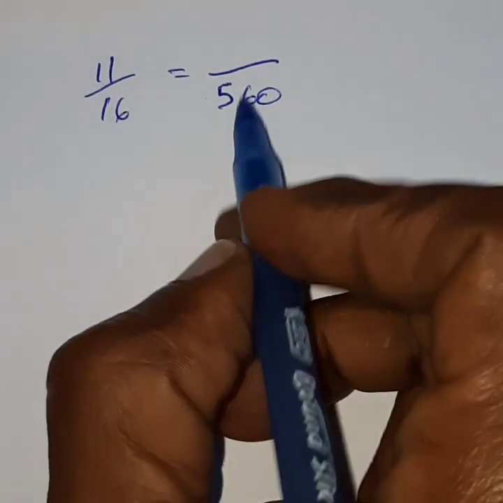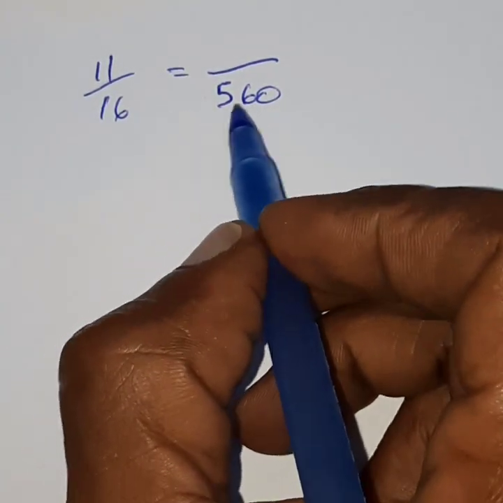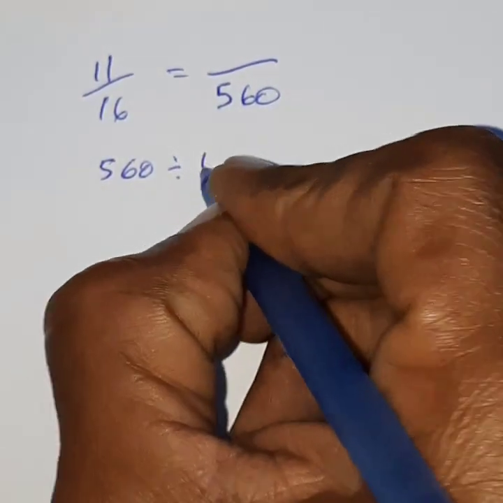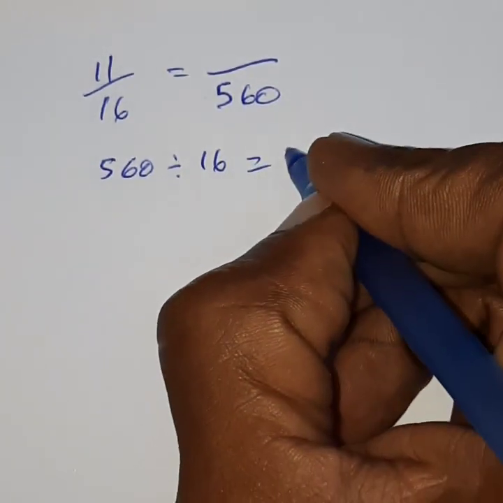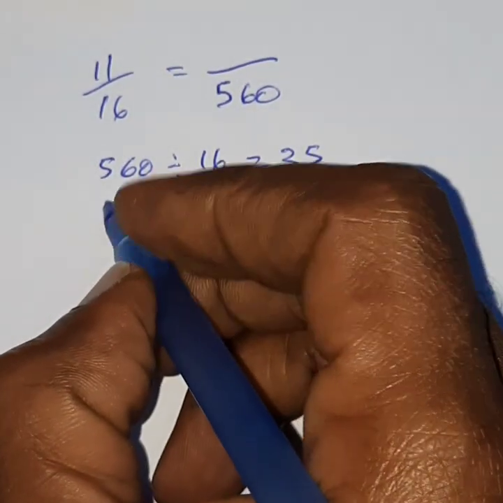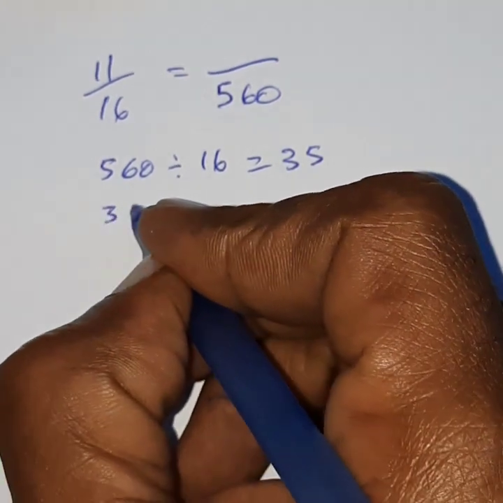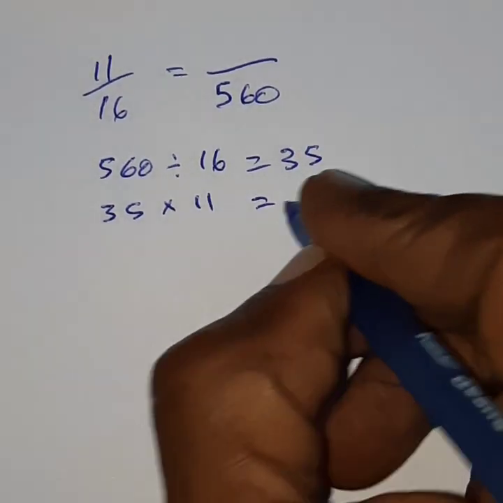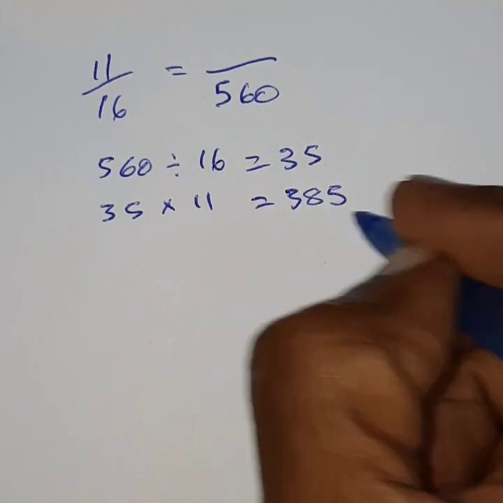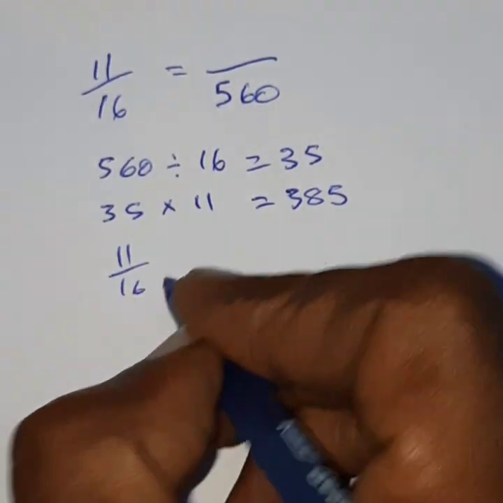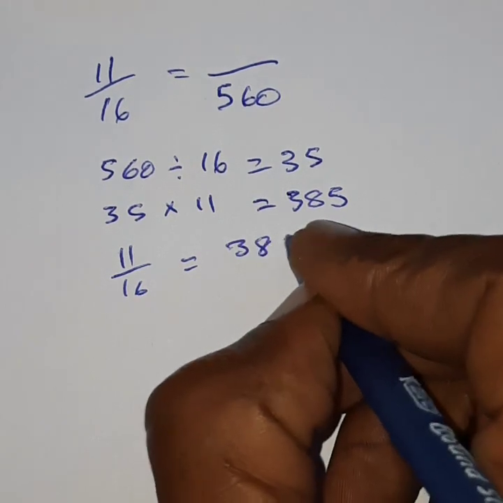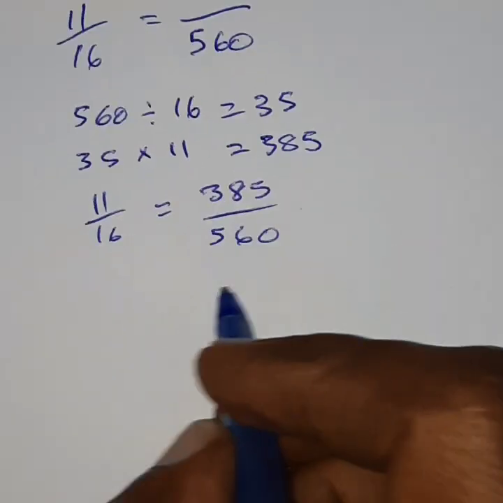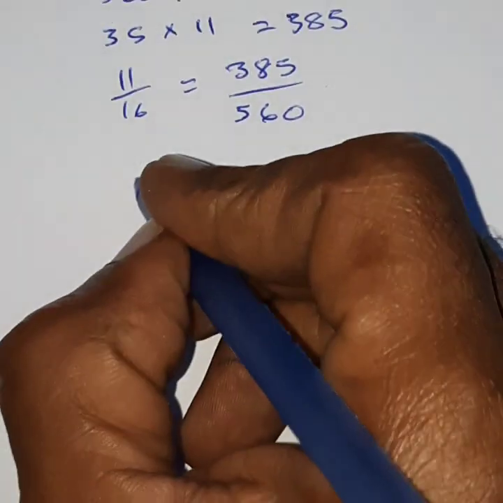So first we divide 560 by 16. 560 divided by 16 equals 35, and then we multiply 35 by 11, which equals 385. So 11/16 is equivalent to 385 over 560.